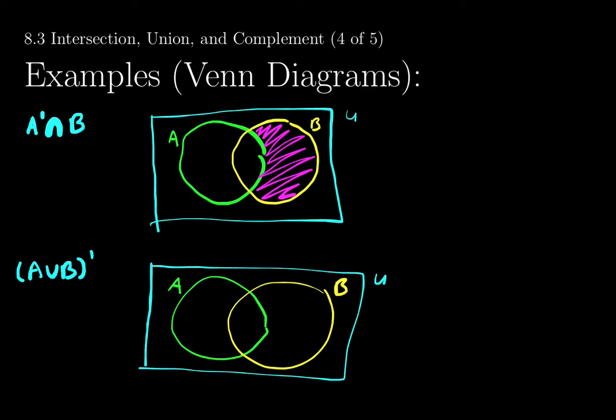So the complement of the union of A and B is going to be all of this area, everything going around here and around here, but not in either of the circles. So those are two examples combining things as Venn diagrams.